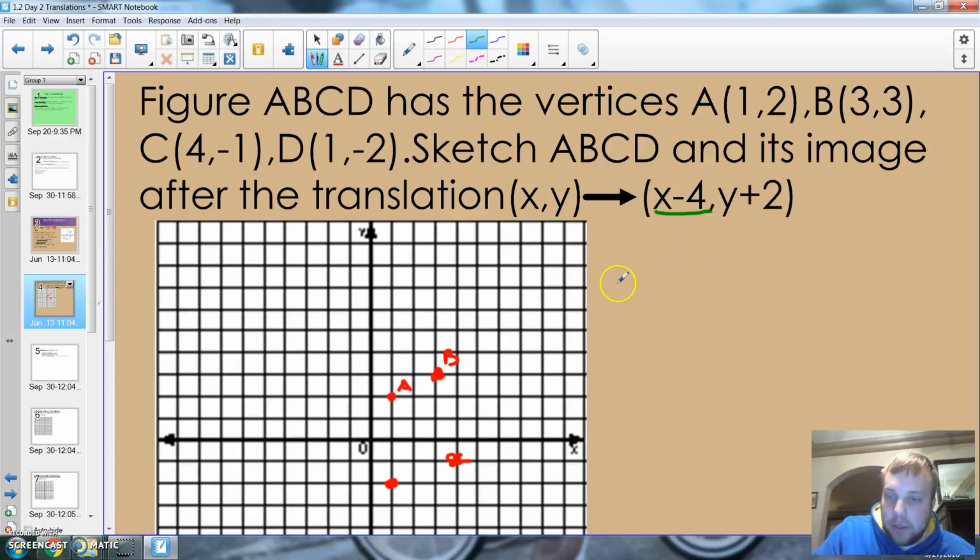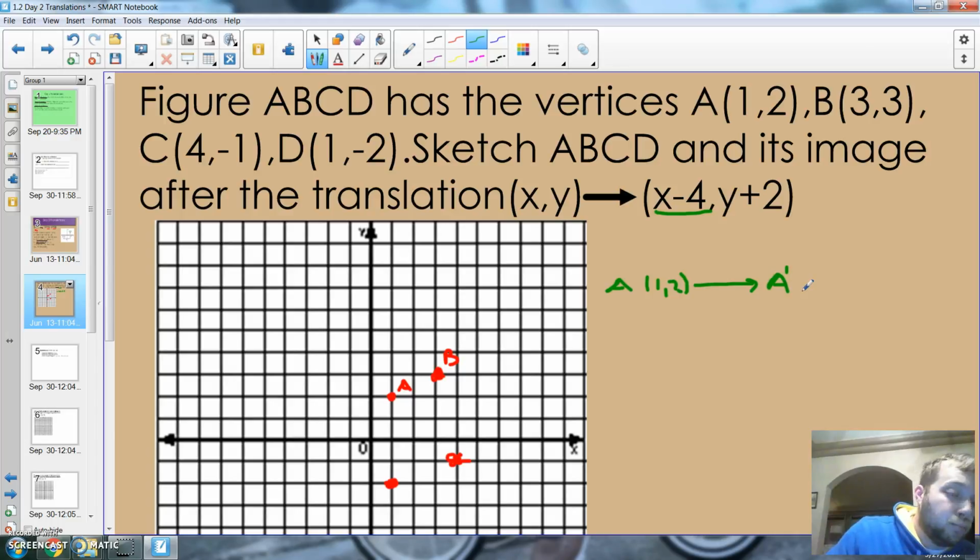So let's just imagine this. So I've got A, and it says I have 1, 2. What would happen if I went back 4 from 1? Right? It says -4 from 1. Well, that would give me, and remember we call this A prime, that actually sounds better in the morning.